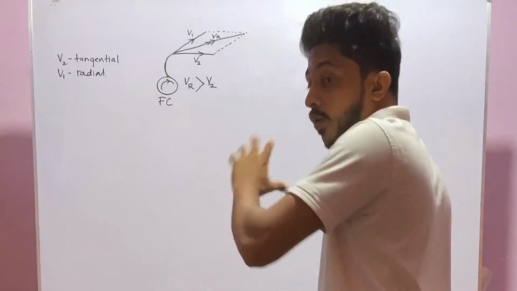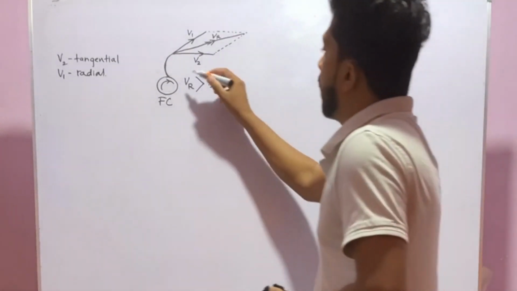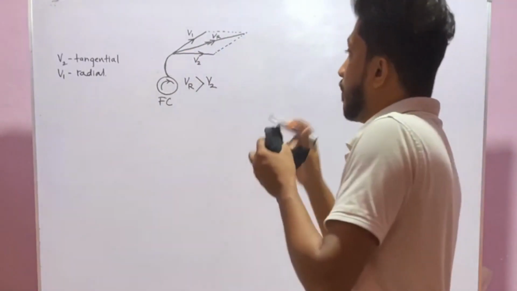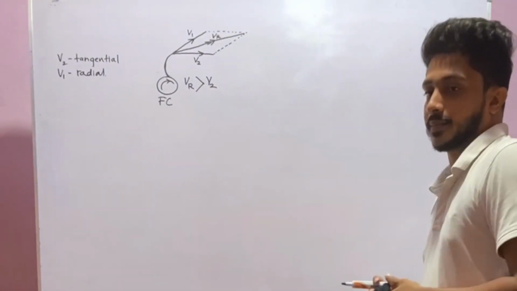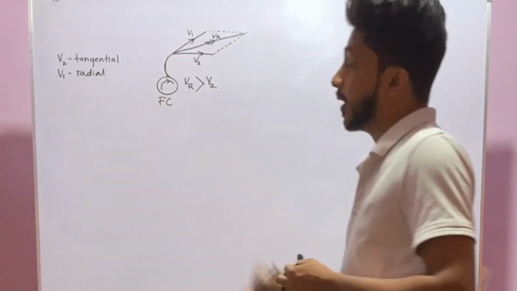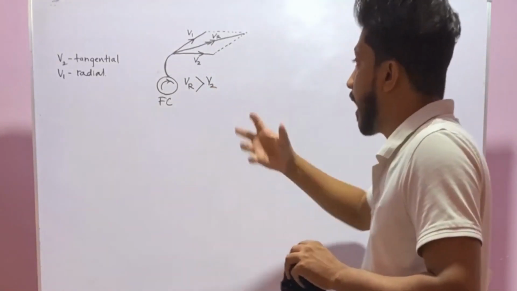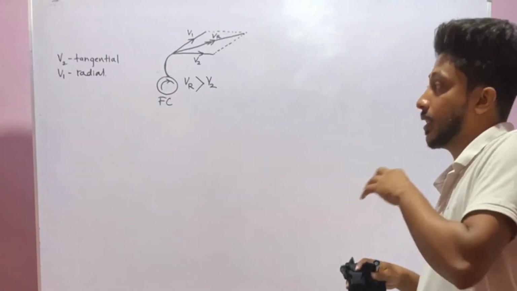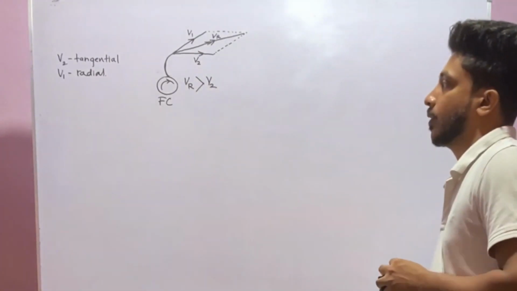V2 is the rotational speed. That means fan speed. VR is the velocity the air particle ultimately obtains. So by analyzing this figure, we can conclude that air particles have a greater velocity than the rotational speed.